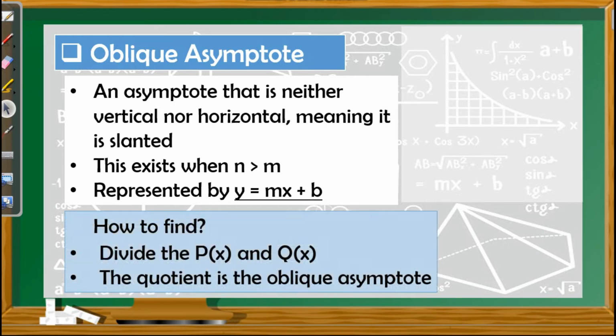To find the oblique asymptote, we need to divide the numerator, p of x, by the denominator, q of x, and the quotient is the oblique asymptote. In our given function, f of x equals 1 over x plus 2, since we have a horizontal asymptote based on our previous discussion, the oblique asymptote is none, meaning there is no oblique asymptote.